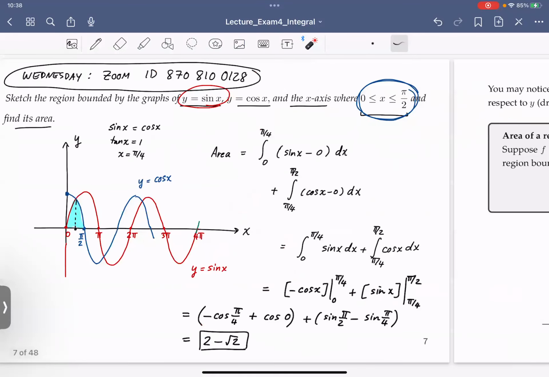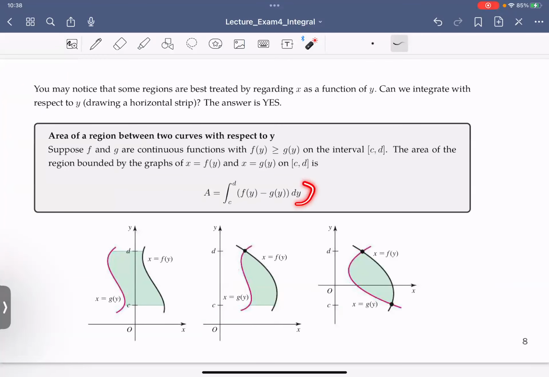So the theory says that if you want to integrate with respect to y, you can also find the area of the region between two curves with respect to y. In this case, you're going to do dy, with y starting from c to d. So how does it work?